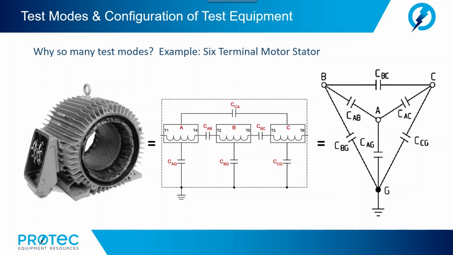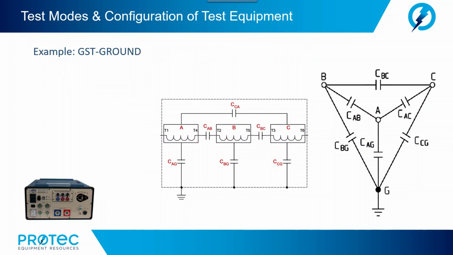So again, in trying to troubleshoot or isolate where the insulation breakdown may be occurring, here's where the various test modes and configurations are going to help us isolate. So once again, in a grounded specimen test measuring ground, we're going to short out all the windings. We're going to connect to ground. Our measurement lead will be placed on the B winding.